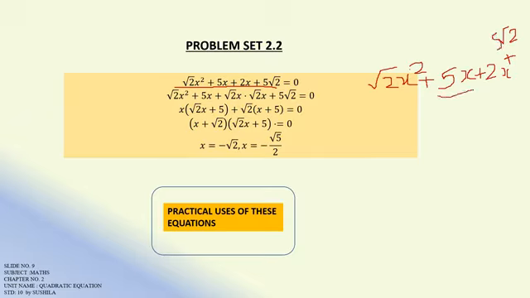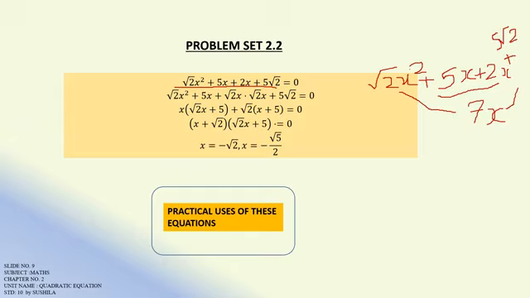What will you do with these two? You will add. Okay, how much will it come? It is 7x only. 7x. What is your equation? Root 2 x square plus 7x plus 5 root 2. Okay, that will be your question form.